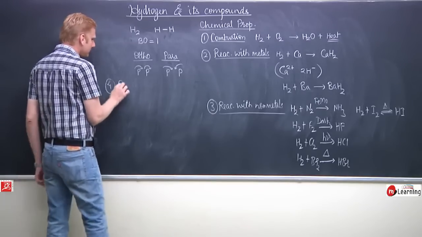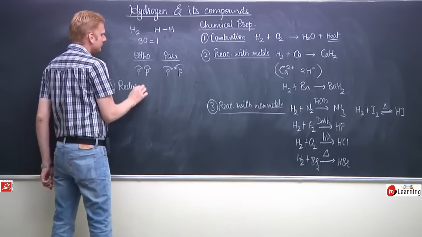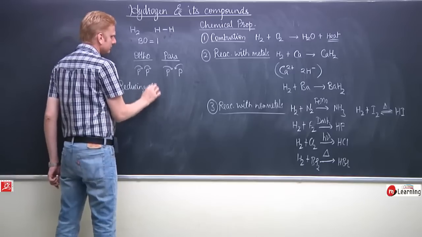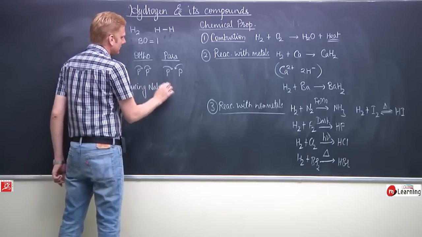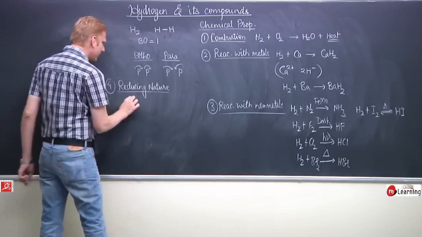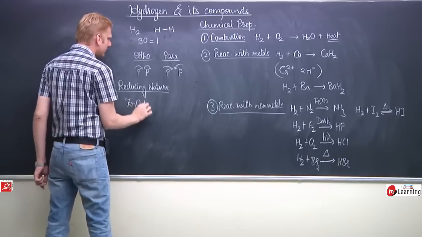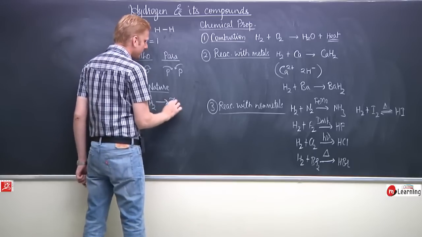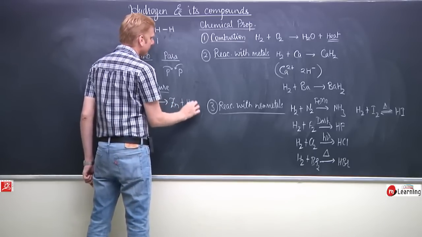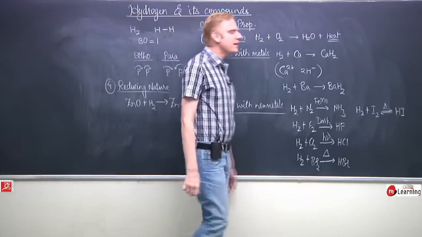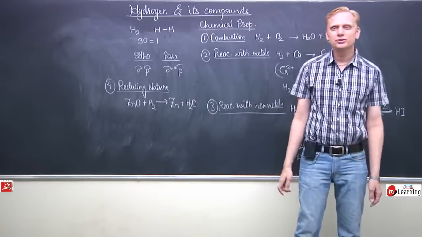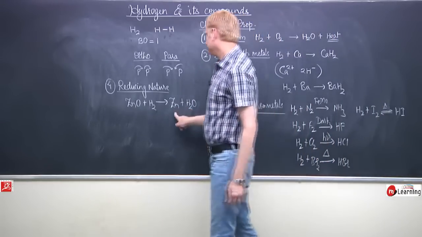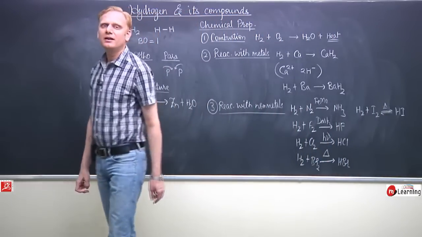Along with that, it has a reducing nature. The reducing nature of diatomic hydrogen can be shown with this. It reduces certain metal oxides to form the metal.